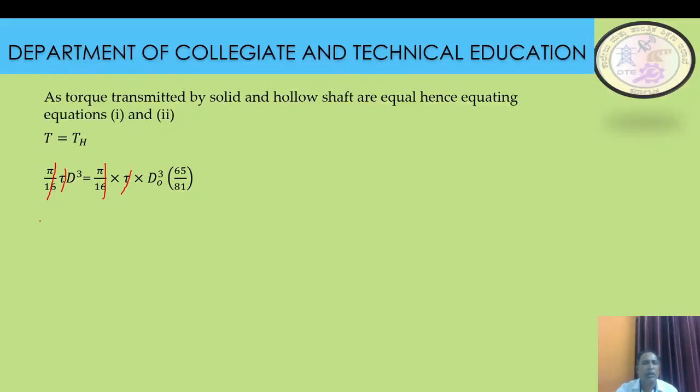So d cube is equal to DO cube into 65 by 81.